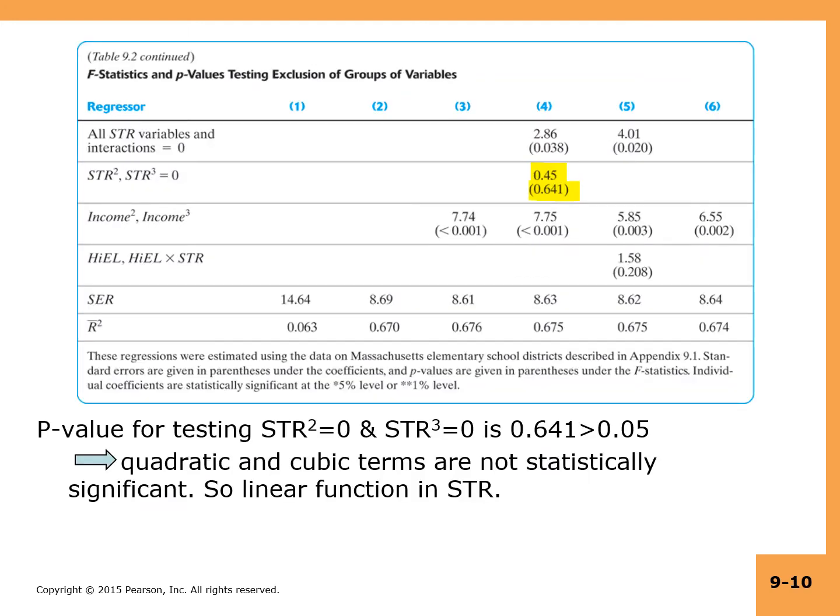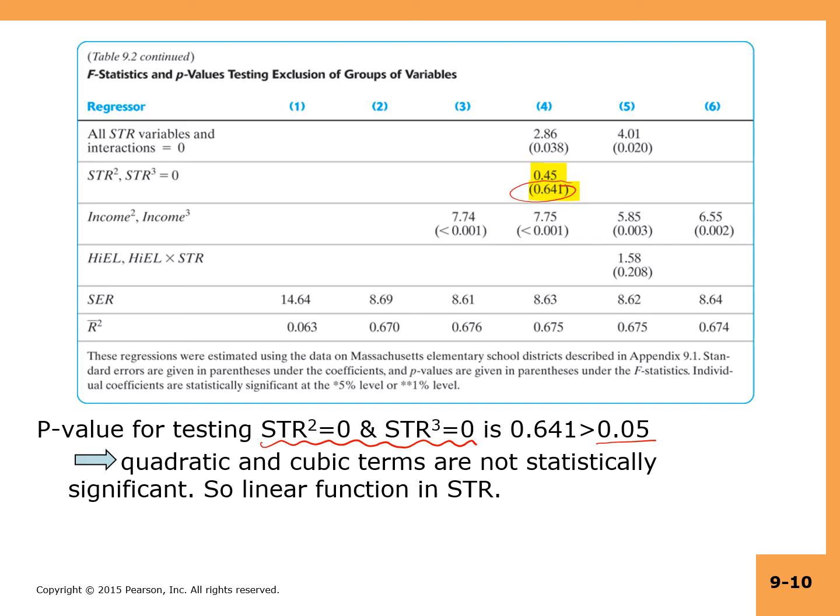Here you can see the F statistics and p-value for testing if the student-to-teacher ratio quadratic term and the cubic term are equal to 0. And you can see that the p-value, which is 0.641 in this case, is larger than 0.05, which means that we cannot reject the null that the polynomials are actually equal to 0.